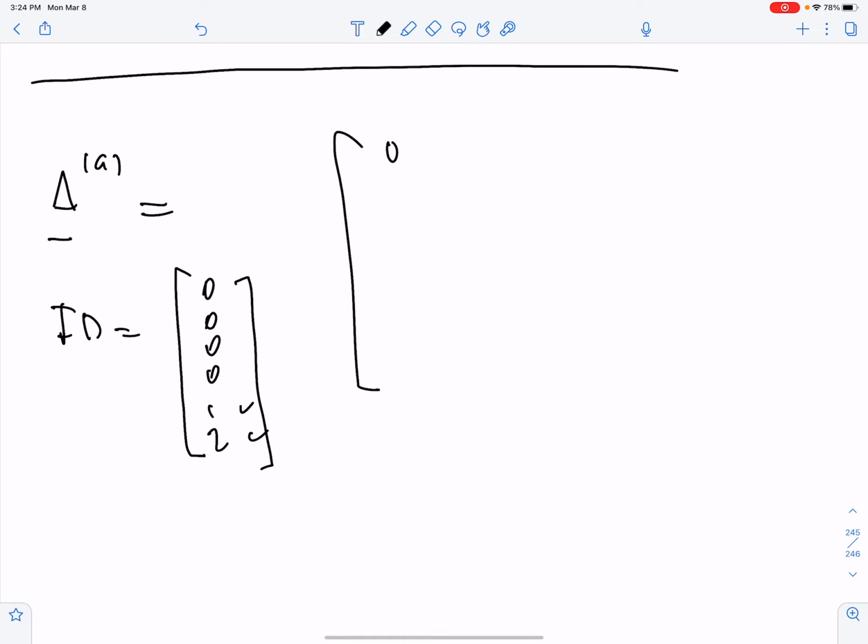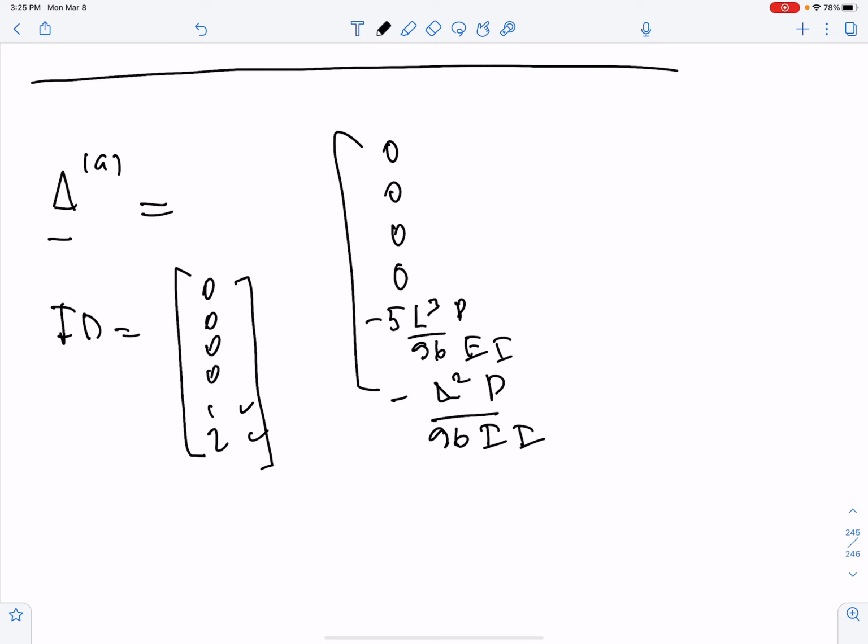We get 0, 0, 0, 0, minus 5 L cubed P over 96 EI, and in the last entry, minus L squared P over 96 EI.